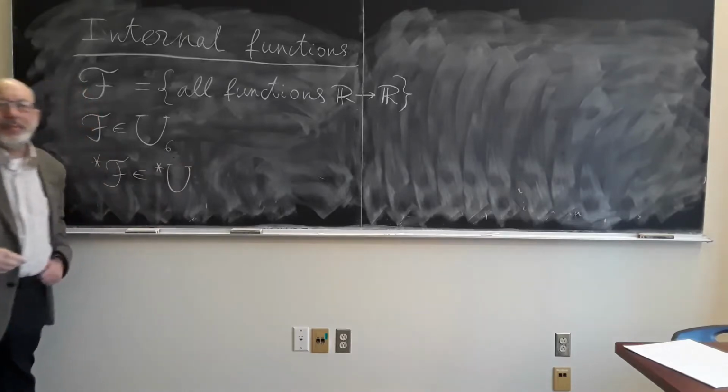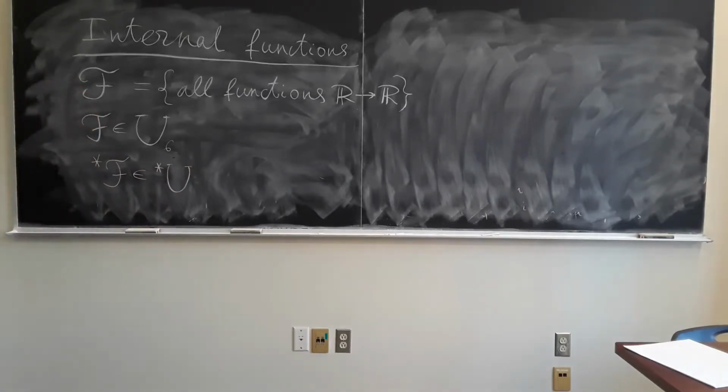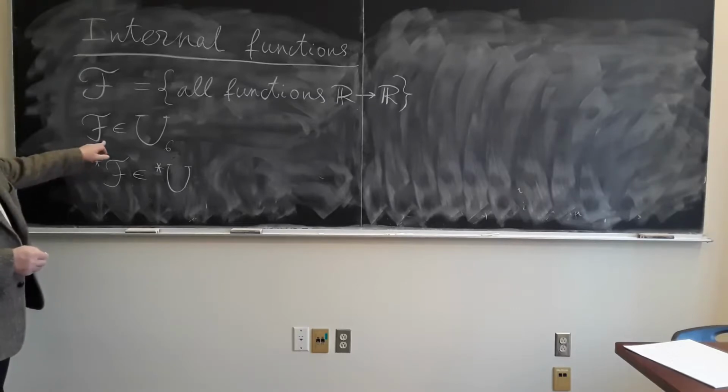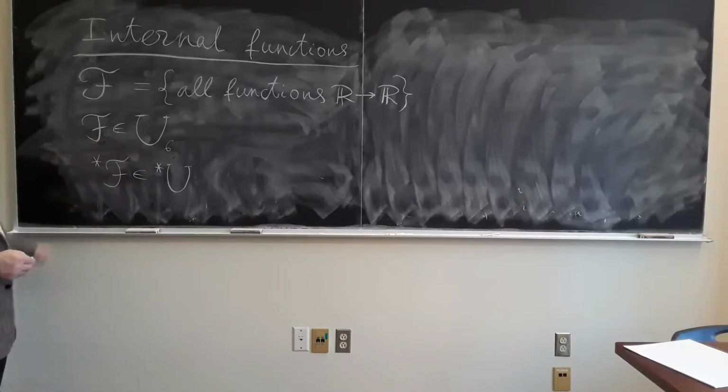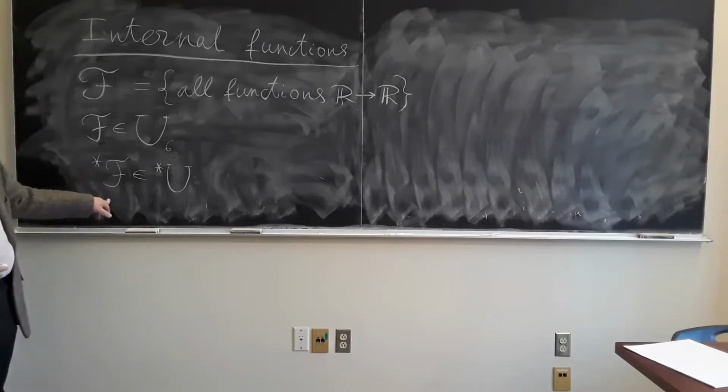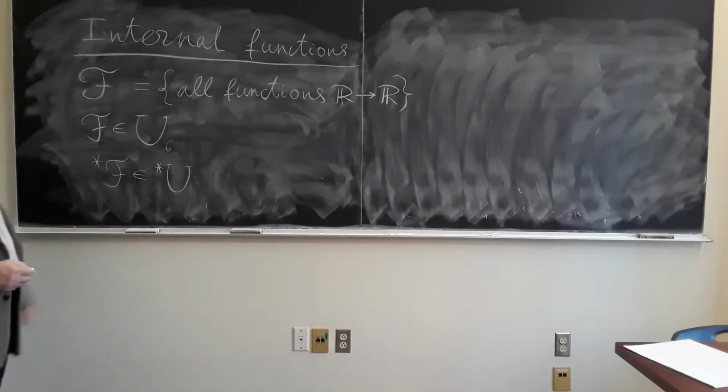What is it? F is an element of U6. So what is the definition of star F, which is in star U?